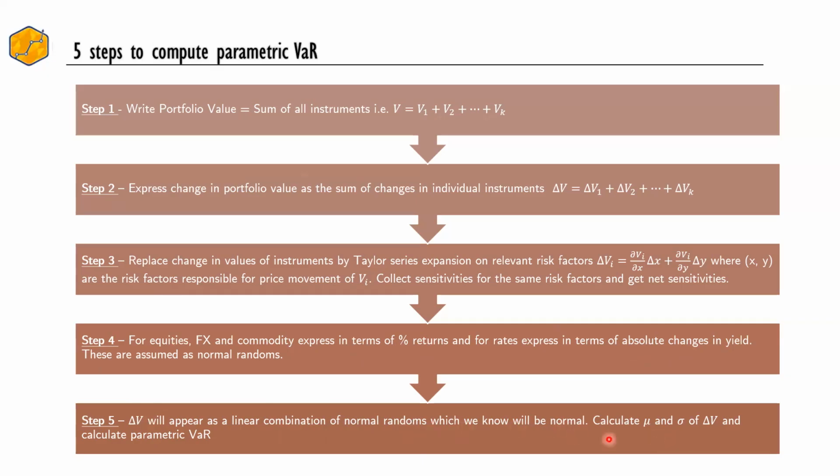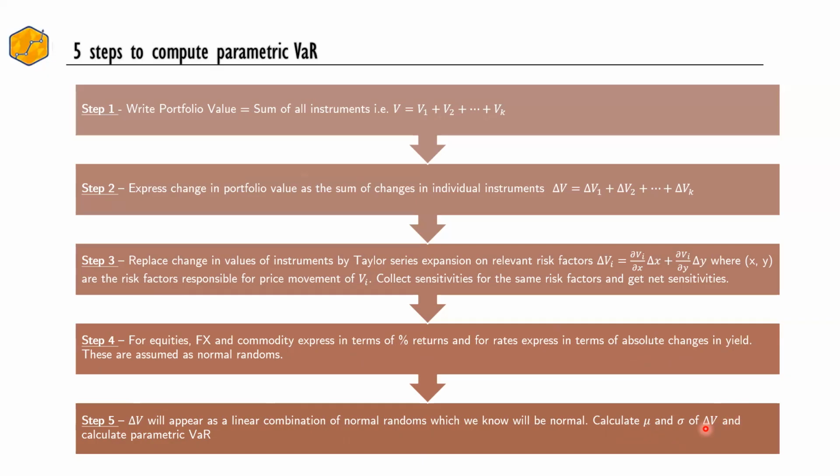And from there, we can calculate the mean and variance of the portfolio level PnL. And from here, you know how to calculate value at risk. This is the last step, which we covered in the beginning. Once we get the PnL distribution of the portfolio, we know the mu and sigma, we can calculate the value at risk. It's just one equation, right? Mu plus sigma z. That's all.